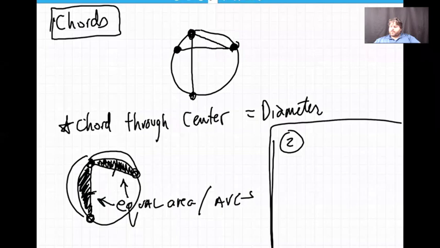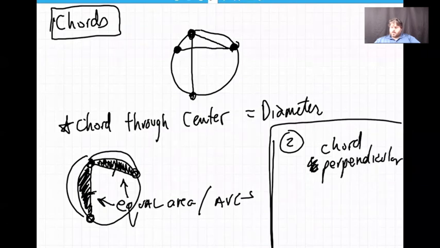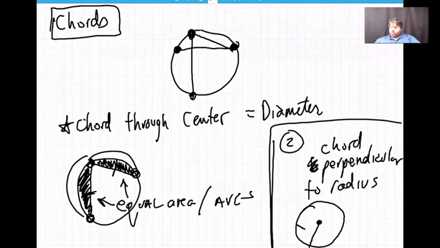And then secondly, if you have a chord that is perpendicular to a radius, and let me draw a picture of that. So here's your radius, and here's your chord. If this is perpendicular, if it meets at a 90-degree angle, what that means is it bisected it.